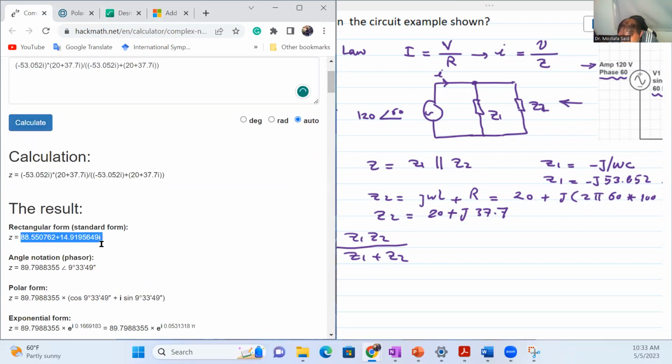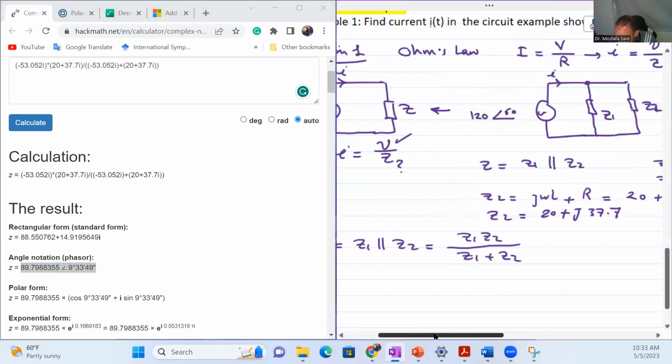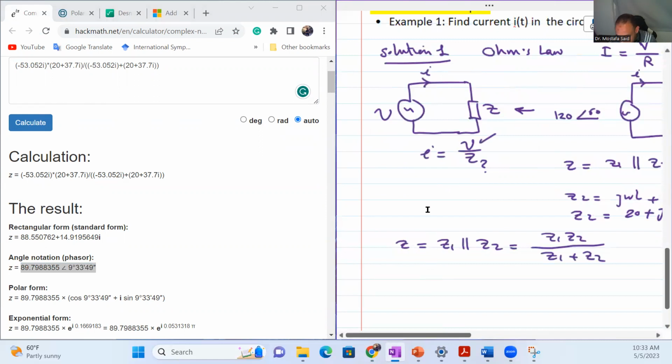You got it. This is basically the answer, and you got the answer in two forms. You get the rectangular form, and you also get the angle form, or basically the polar form. Okay, which one is better in this case? Actually, the polar form, because at the end we're going to divide V by Z, right?